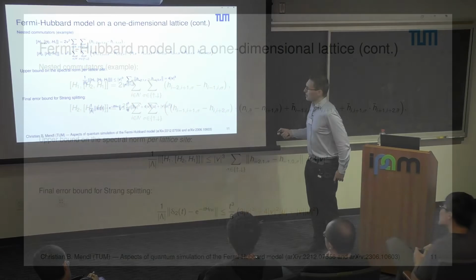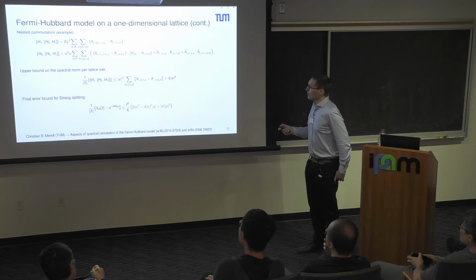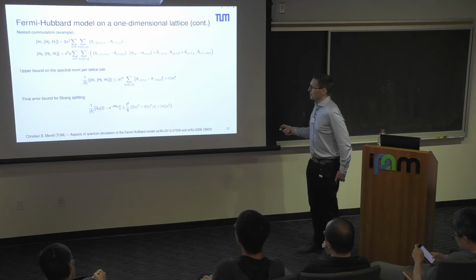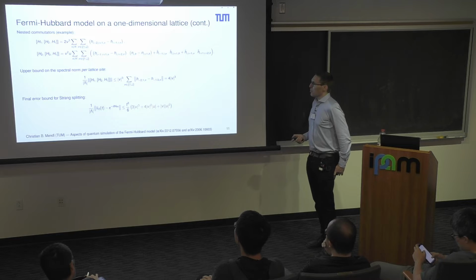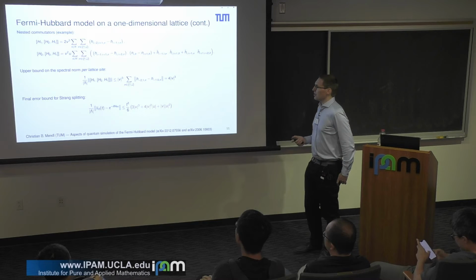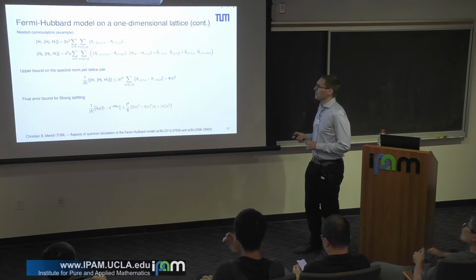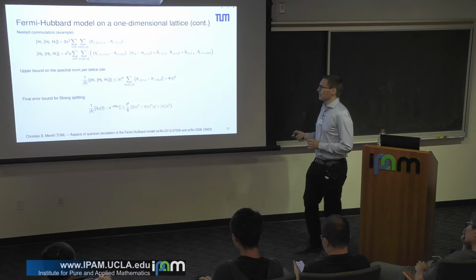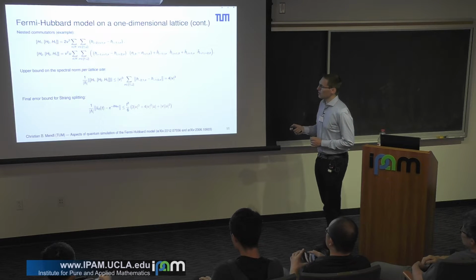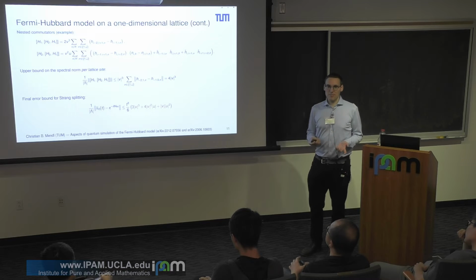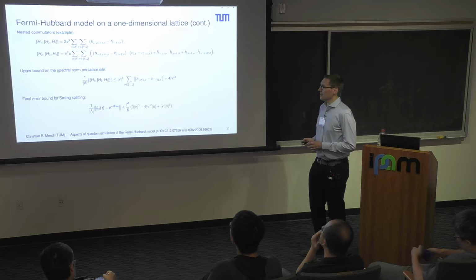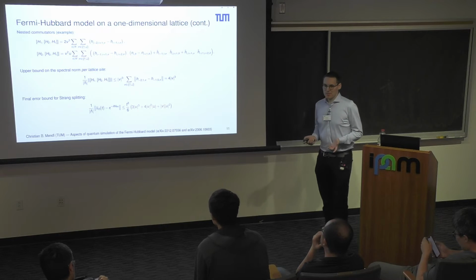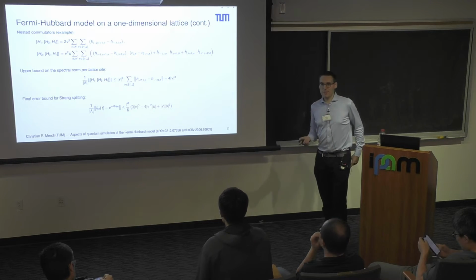For this particular example, if you evaluate the spectral norm, you get just 4 times v to the power of 3. In our implementation, we use a trick: if you have a term which is quadratic in the fermionic creation and annihilation operators, then it's basically a free fermion operator, and you can easily evaluate its spectral norm.